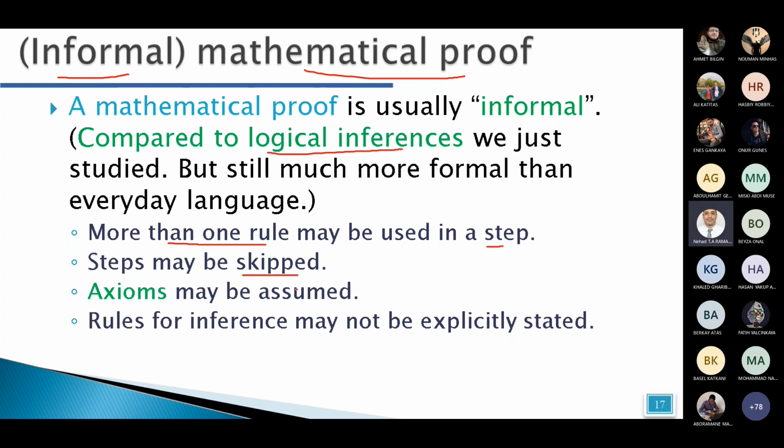You can use some axioms. Axioms means something that is true, that everyone knows is true. For example, the sun comes from the east. Everyone knows it's true. There is no need to prove this statement. So this is the meaning of axioms. You can use axioms, things that everyone knows are true, so you don't need to prove them.